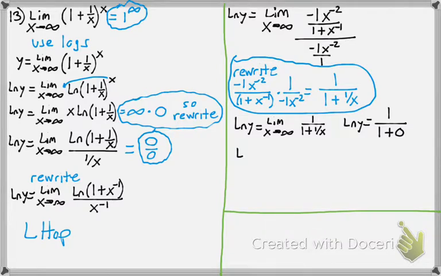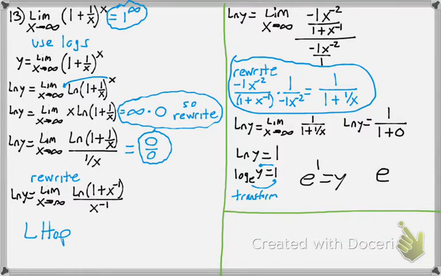So ln of y is equal to 1, and I want to call that log base e of y is equal to 1, because I do want to transform it. If I transform it, then e to the 1 is equal to y, or you can just say that our answer is e.